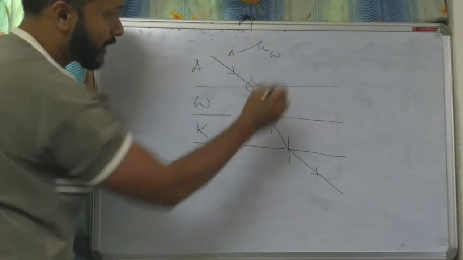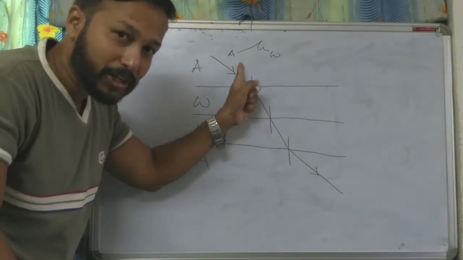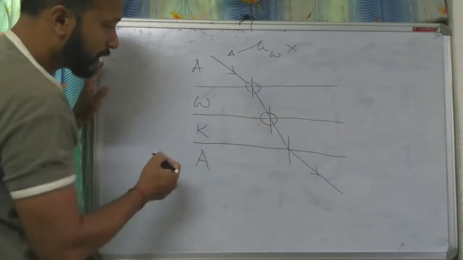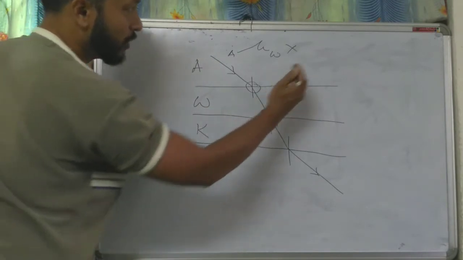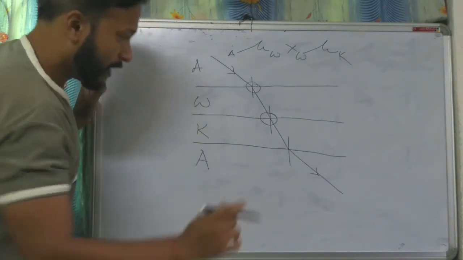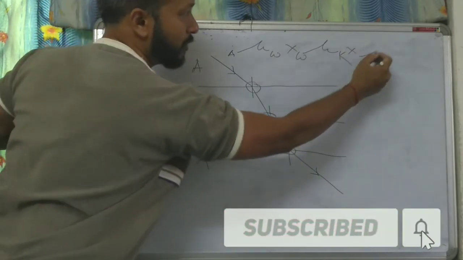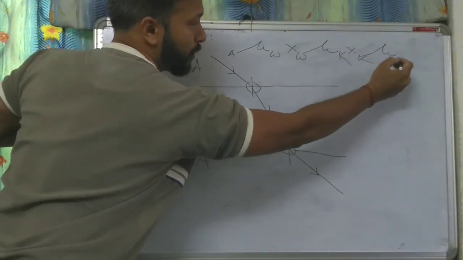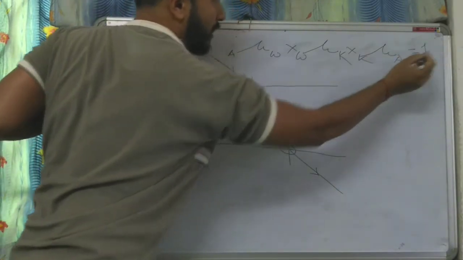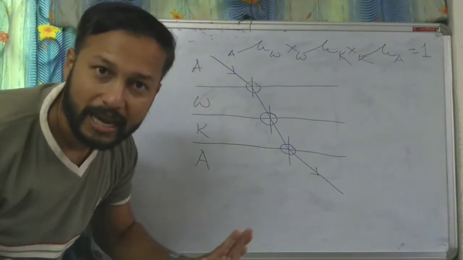But we'll say refractive index of water with respect to air, into water to kerosene, into kerosene to air, which is 1. But the condition is the first medium and the last medium have to be the same.